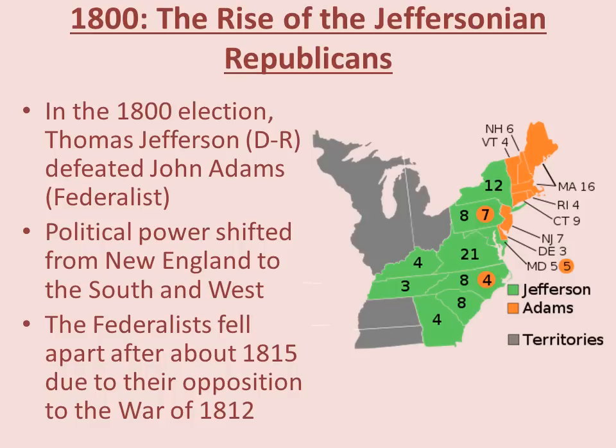For part of that time, it was the only party that existed in the United States, the only major party anyway. After about 1815 or so, the Federalists ceased to exist because they had opposed the War of 1812, and then when America ended up not losing the War of 1812, the Federalists came off as looking unpatriotic and just sort of lost all of their support.